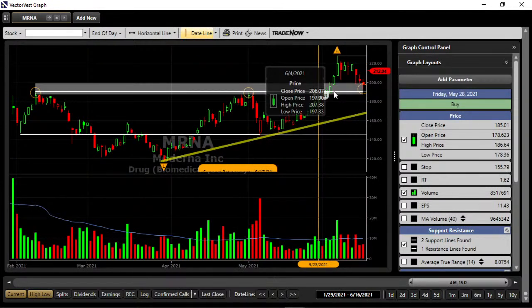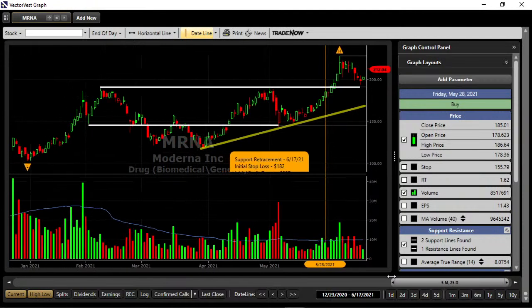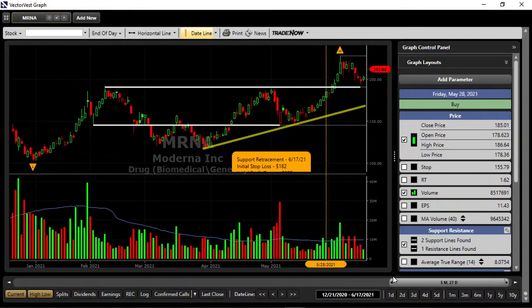Right in the zone. I took the trade the following day off of that support retracement. Okay, off of that support retracement. And I used a different method to size my position and set my initial stop loss.